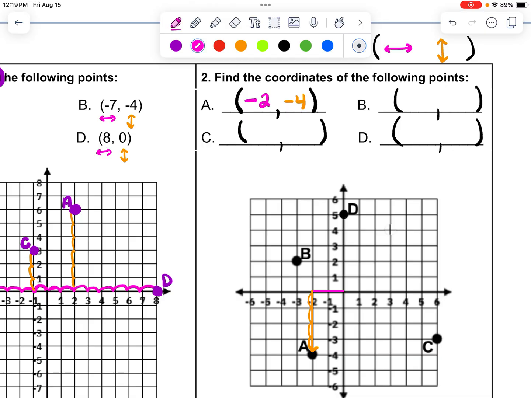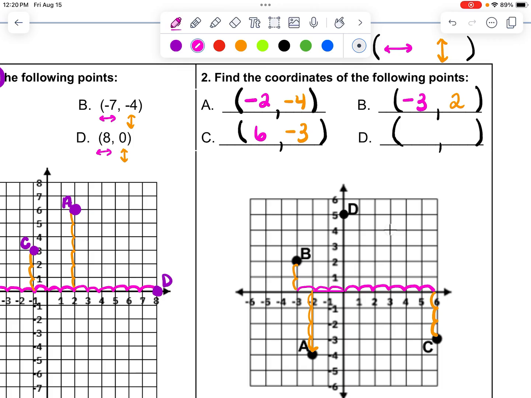In order to graph point B, I would have to go left 1, 2, 3 spaces, so negative, because I went left 3, and then up 2 spaces, so positive 2. In order to get to point C, I would have to go right 1, 2, 3, 4, 5, 6 spaces, and then I would have to go down 1, 2, 3 spaces, so negative 3.